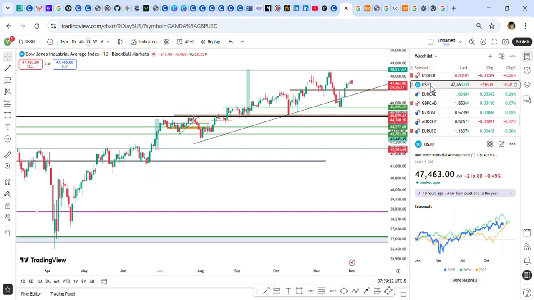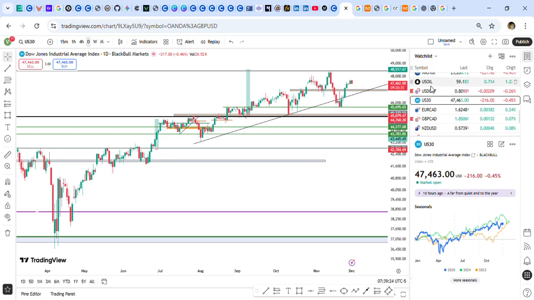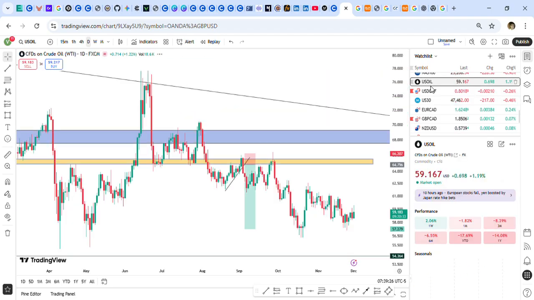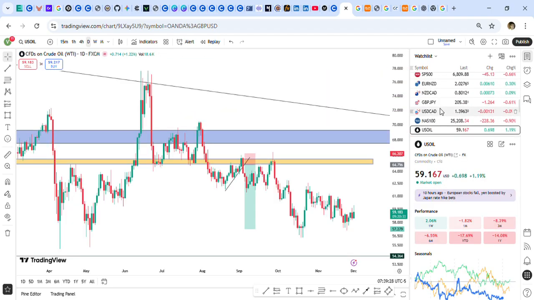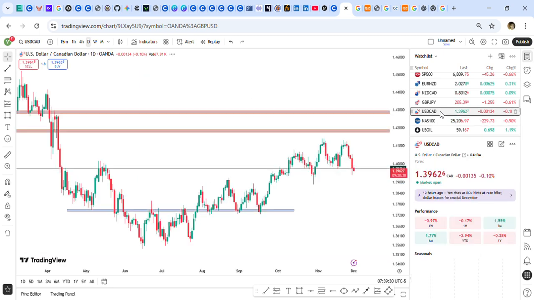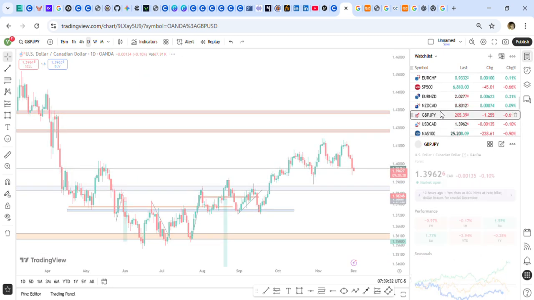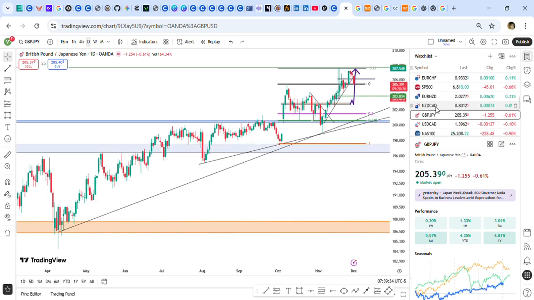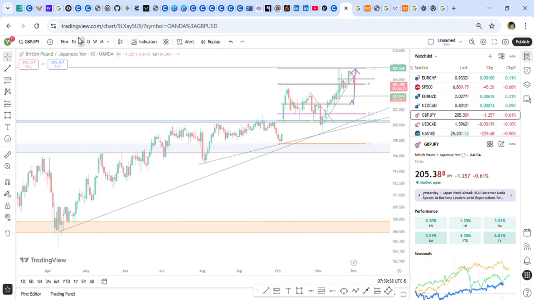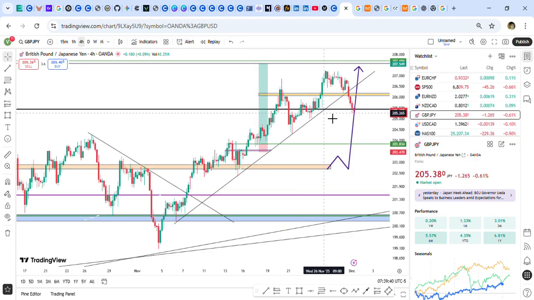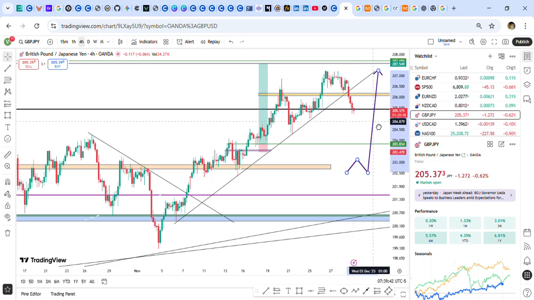S&P 500, no opportunity. US oil, no opportunity. USD CAD, I can't find any opportunity. GBP JPY, can't really find any opportunity on GBP JPY.